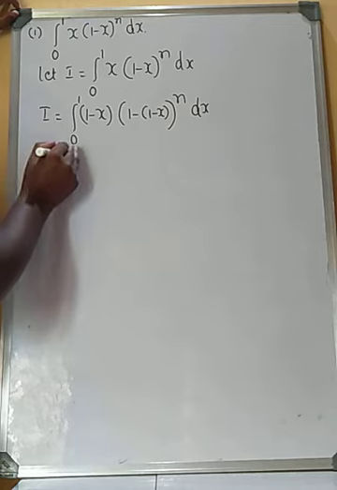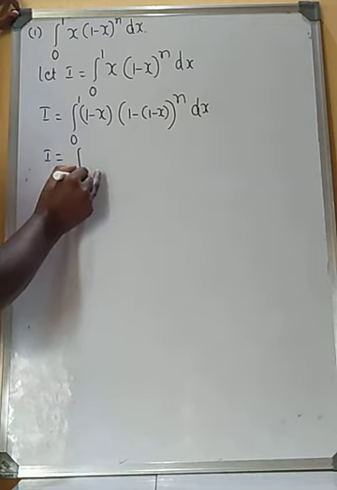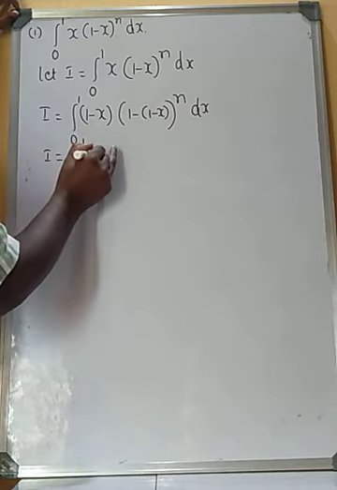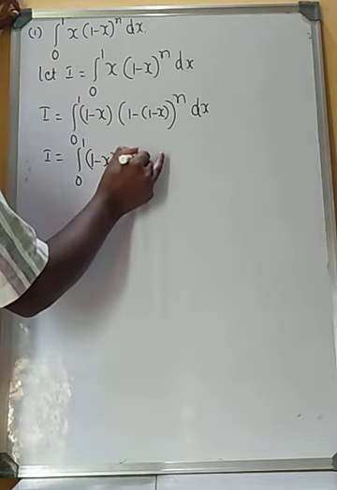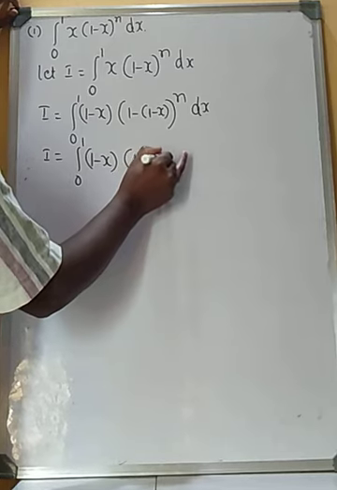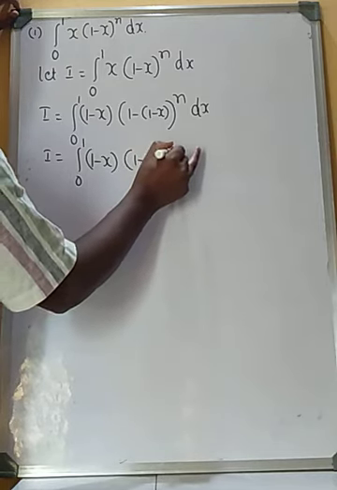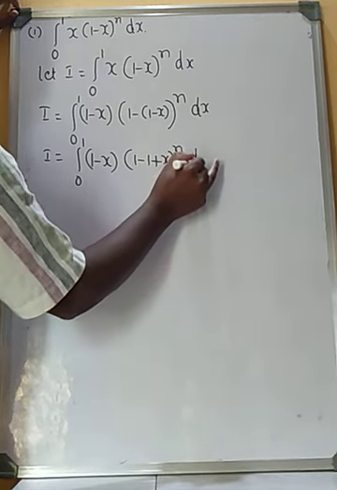Therefore, I equals integral 0 to 1 (1 minus x) into (1 minus 1 plus x) whole power n into dx.